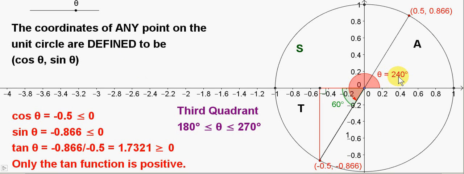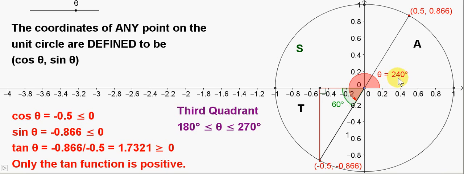In this example, theta is 240 degrees. When we map the point through the origin, we can also think of mapping this angle through the origin. This angle here is 240 minus 180. We get 60 degrees.